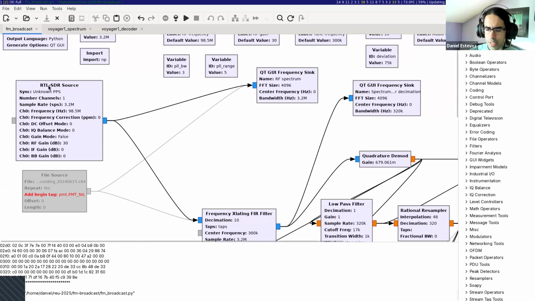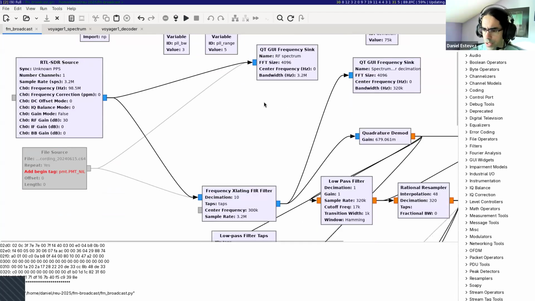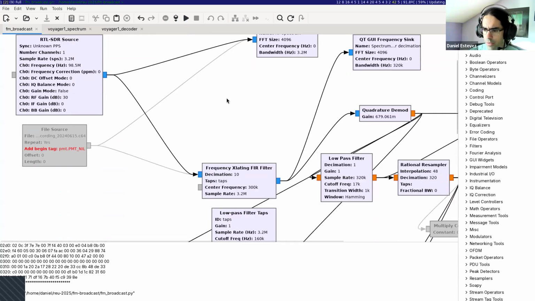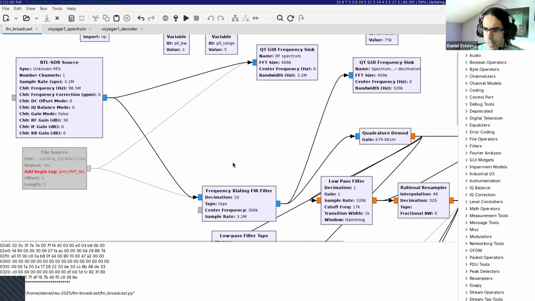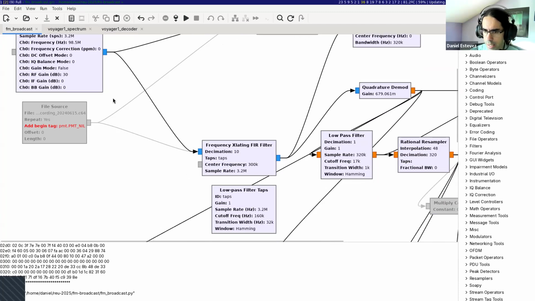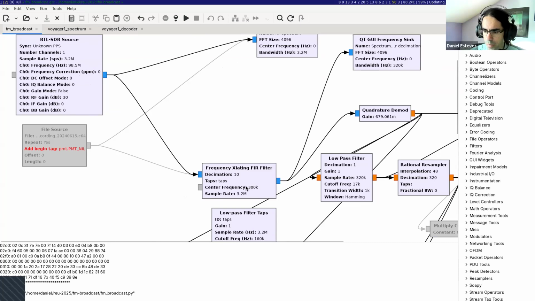For the RTL-SDR source, we covered that the first week, how it works, and the frequency sink to see our signals. We are going to tune to one of the stations, which is at 98.8 megahertz. So I'm tuning the RTL-SDR to 98.5 megahertz, and then I'm tuning to the signal, which is at 300 kilohertz above that center frequency.